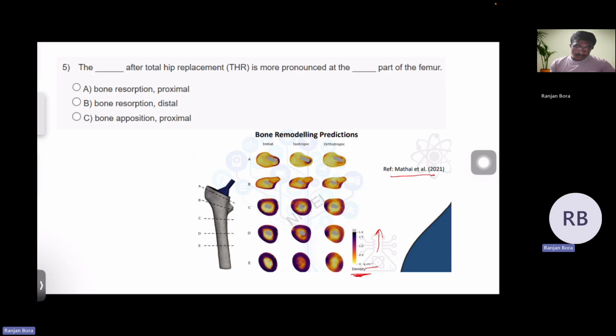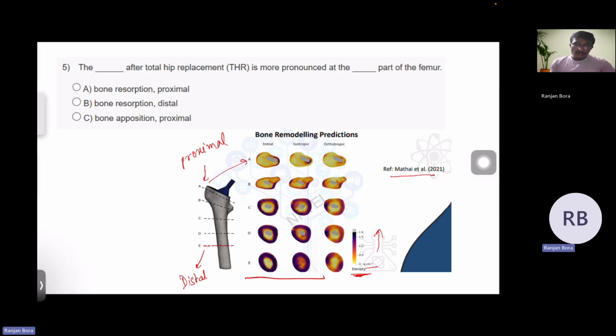We can see here E is the section at the distal part, and A is proximal. This is proximal and this is distal. At this section A, the color maps represent that there is very little bone formation, so there is not a bone gain.